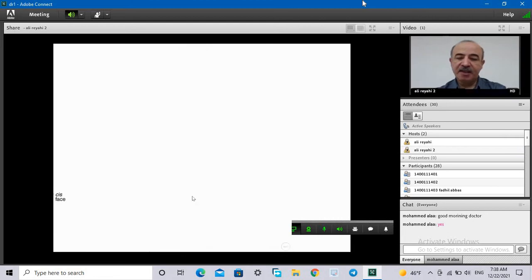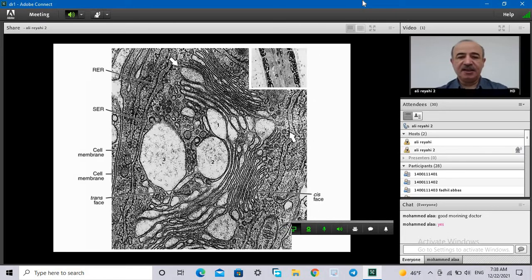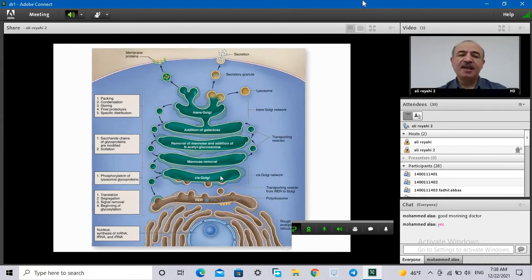This picture is an electron photograph of the parallel saccules of the Golgi apparatus. Under the electron microscope, you can see these saccules, or sacs. And this is the schematic photograph of the Golgi apparatus.